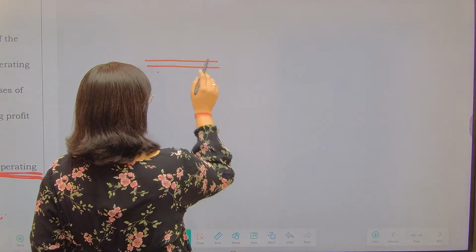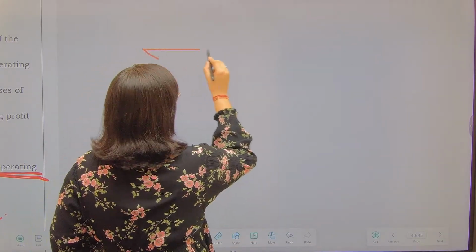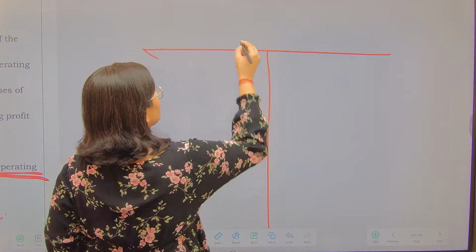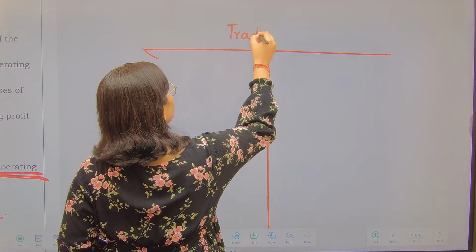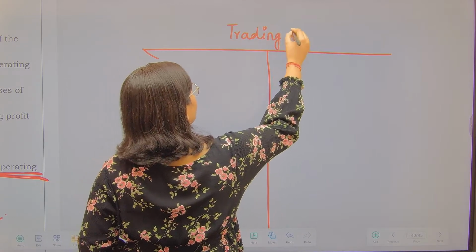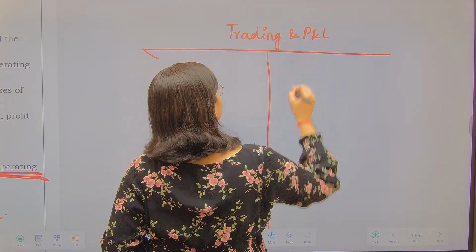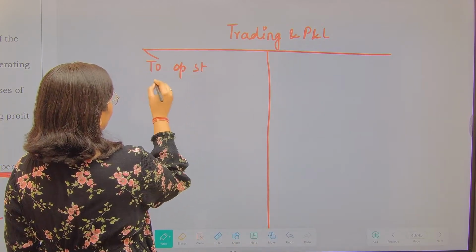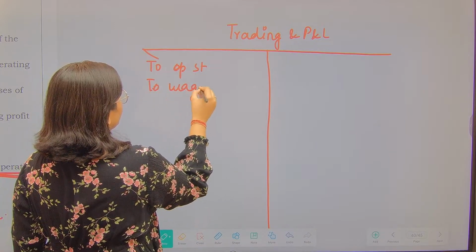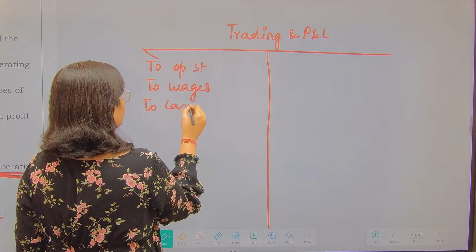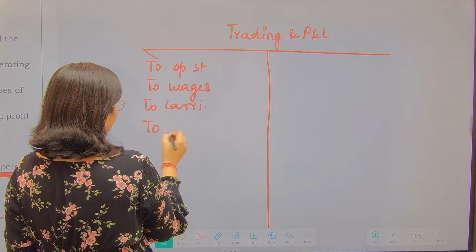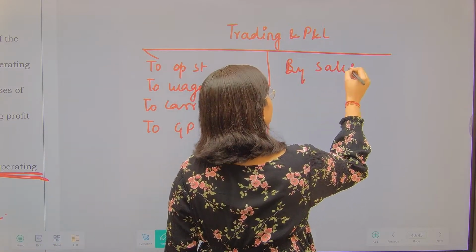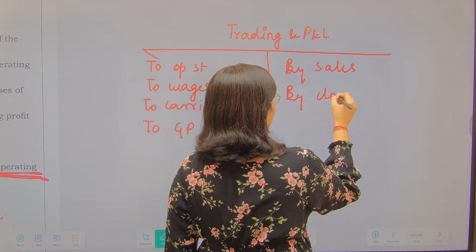ठीक है, this is your trading and P&L. Here, opening stock, wages, carriage, ठीक है, to gross profit, by sales, by closing stock.